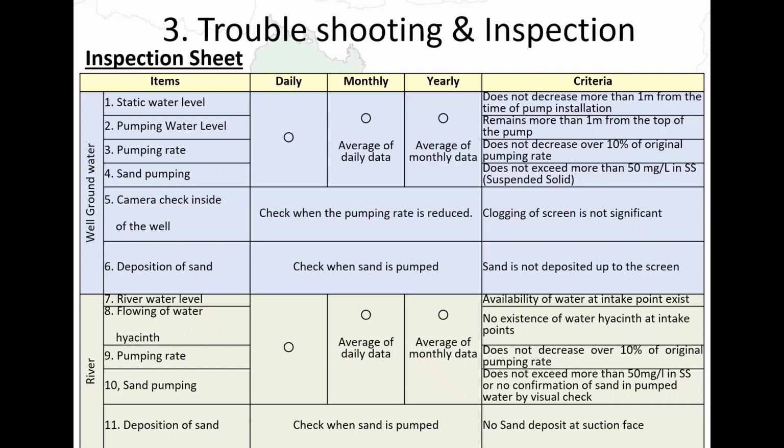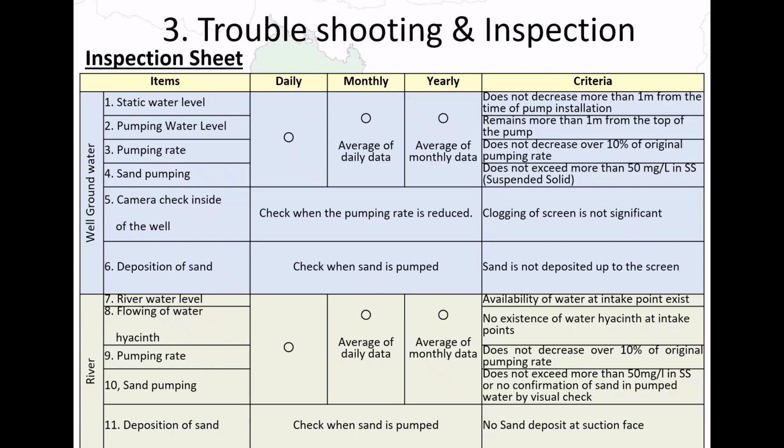This inspection sheet shows what data should be recorded routinely for the purpose of appropriate operation and maintenance. Each item listed here corresponds directly to the confirmation points explained earlier. By checking these regularly, you can detect abnormalities before they become serious enough to affect water quality, or identify the problem caused, and this will contribute to taking quick actions for countermeasures.